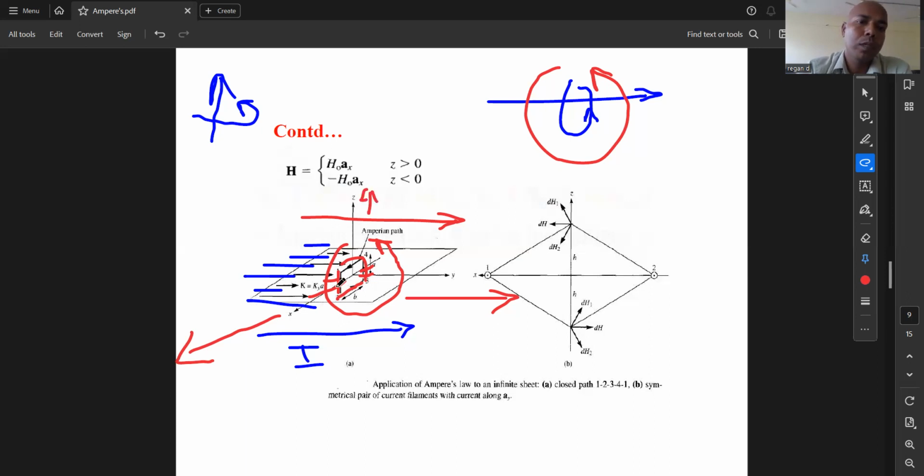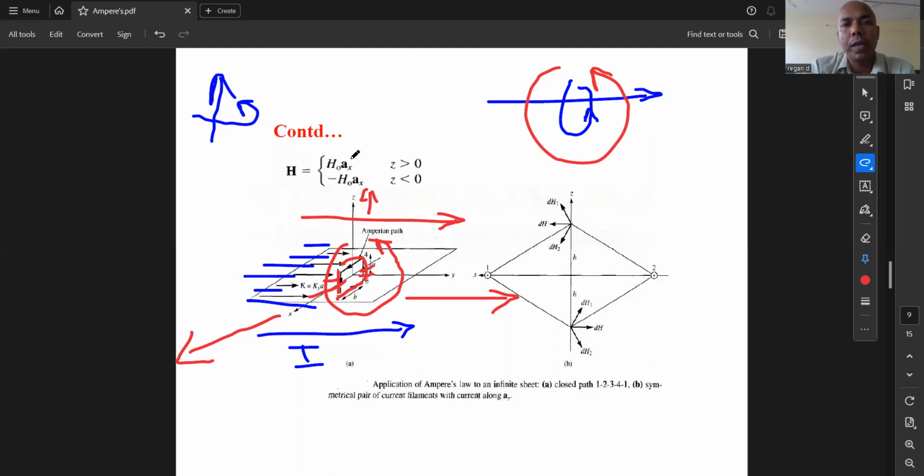But due to symmetry, the magnetic field in the z direction cancels out. That means 1 to 2 and 3 to 4 are equal and opposite, so they cancel each other. So remaining is only one direction, that is the x direction. Let's write this magnetic field component.